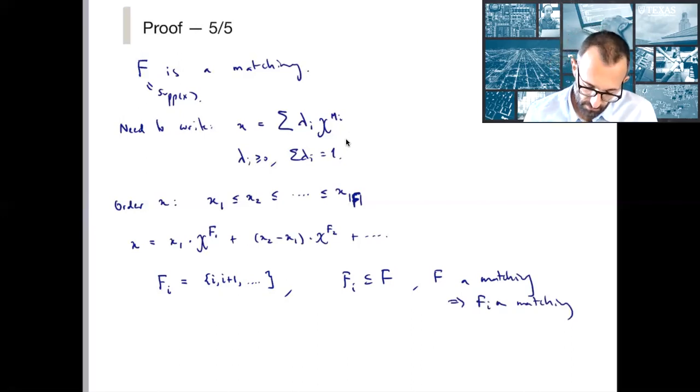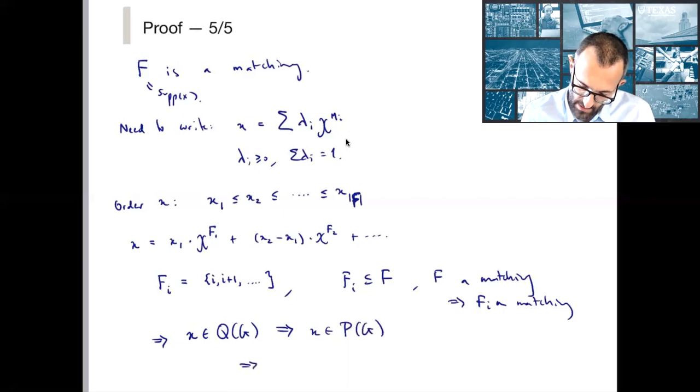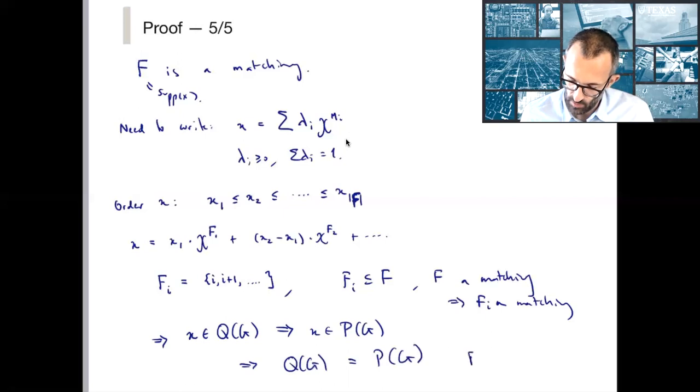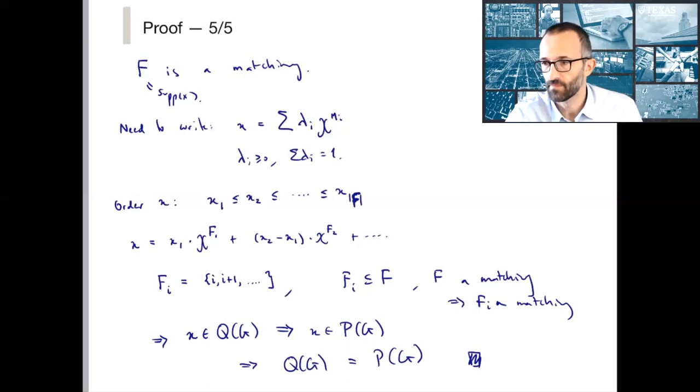So what we've done is we've shown that x in Q of G implies that x is in P of G, and hence Q of G is equal to P of G, which is what we wanted to show. We're going to stop here and then pick it up again with more information about bipartite matchings in the next lecture.